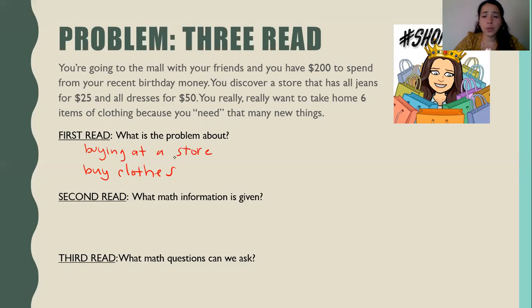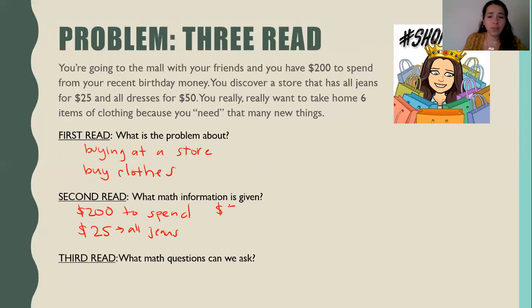Okay, so my next question was, what math information do they give you? Good. So I saw 25, well, 25. Okay, so I saw a lot of, oh, yes, good, okay. So we have $200 to spend. You guys are missing one thing. Let's see if someone figures it out. $25 for all jeans.